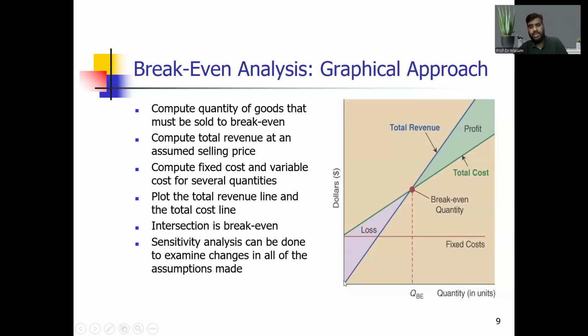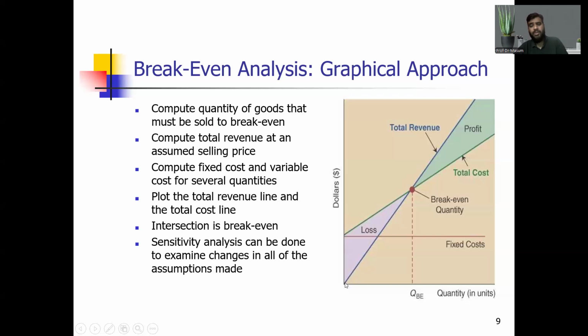When you are not producing any quantity, your variable cost is zero, so only fixed cost. When you are producing units, then your total cost, fixed cost plus variable cost, is increasing.